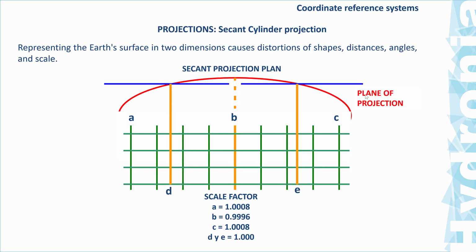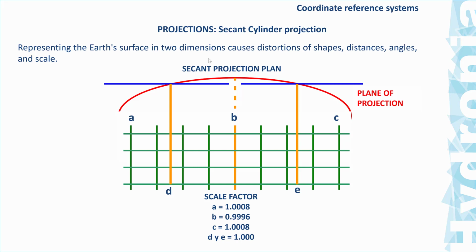Now, projections are something that is prepared normally by software nowadays. So if you have one projection, you can convert to a different projection and make sure that all your layers are in the same projection system.